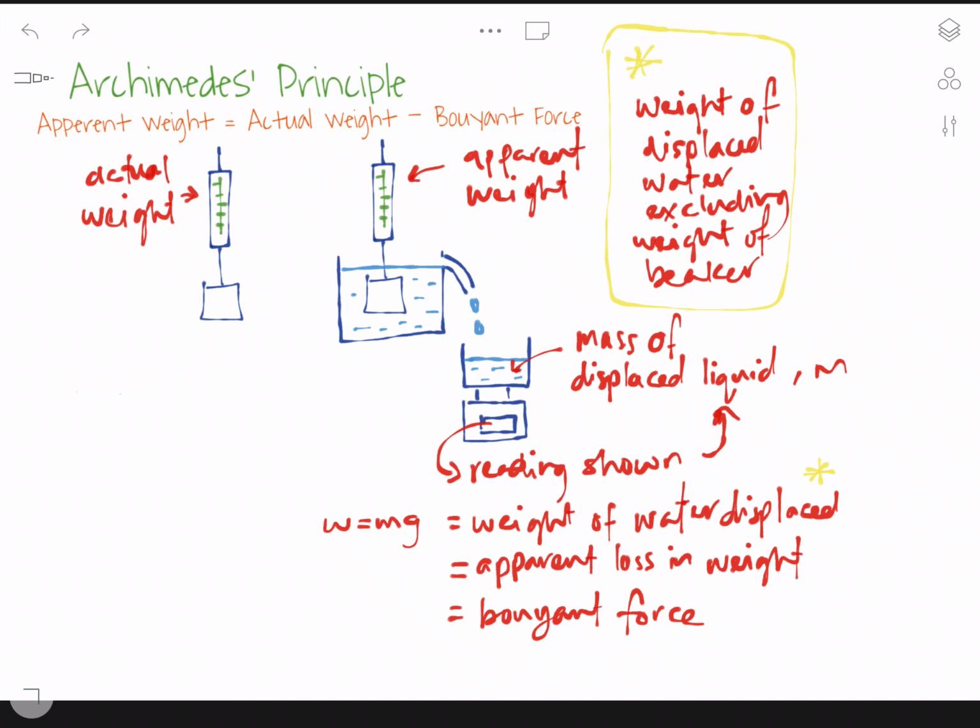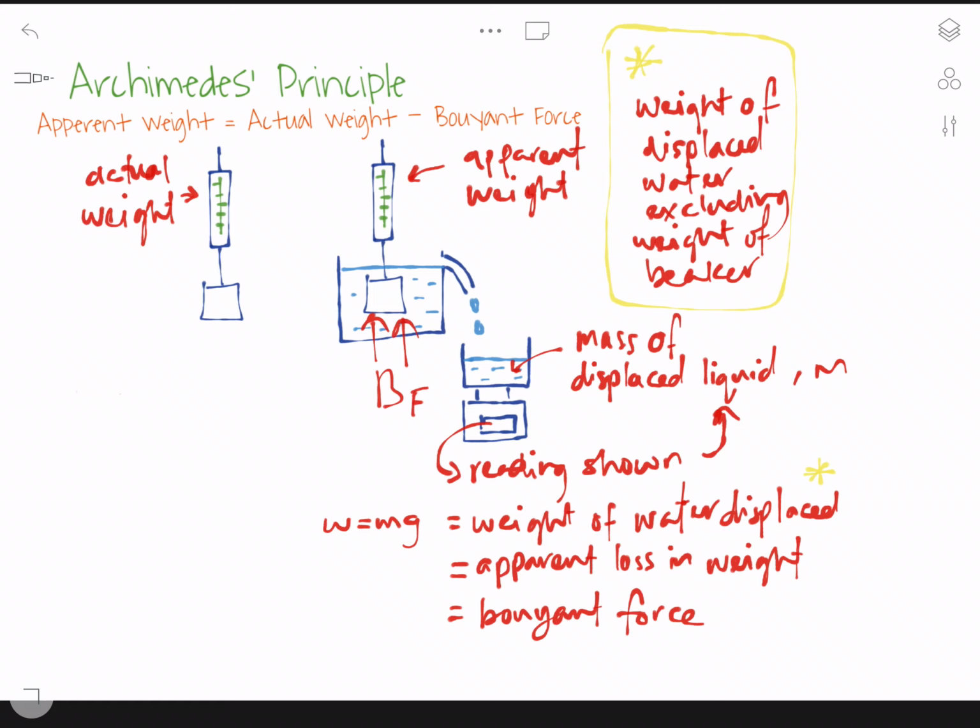So there is some apparent loss, and actually the apparent loss is equal to the weight of water displaced, as mentioned in Archimedes principle. And the weight of water displaced also means buoyant force. Okay, buoyant force acts upward like this.